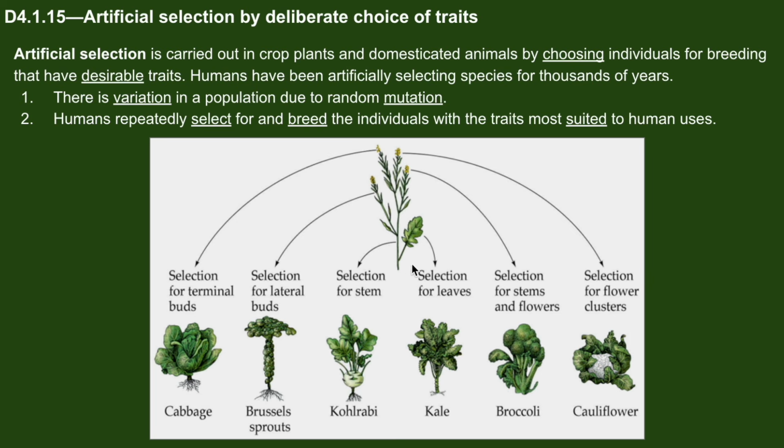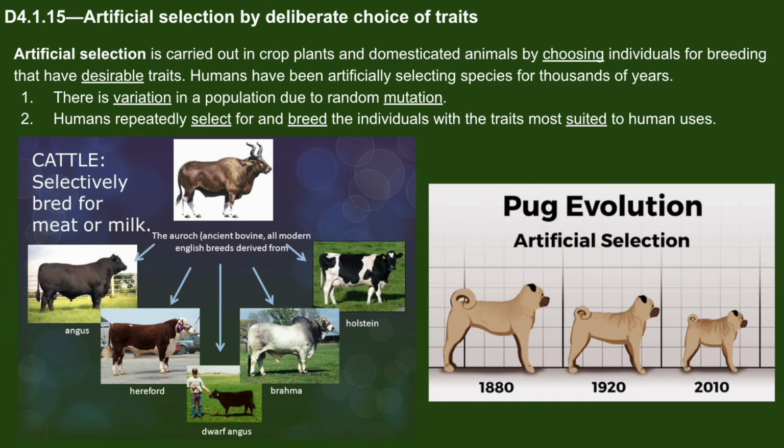Here's that wild mustard plant. Remember that humans selected for different traits. They chose the individual plants that had the largest flower clusters, and over thousands of years, we eventually ended up with cauliflower with these large flower clusters. We also looked at doing this with domesticated animals like cattle that were bred for either meat or milk.